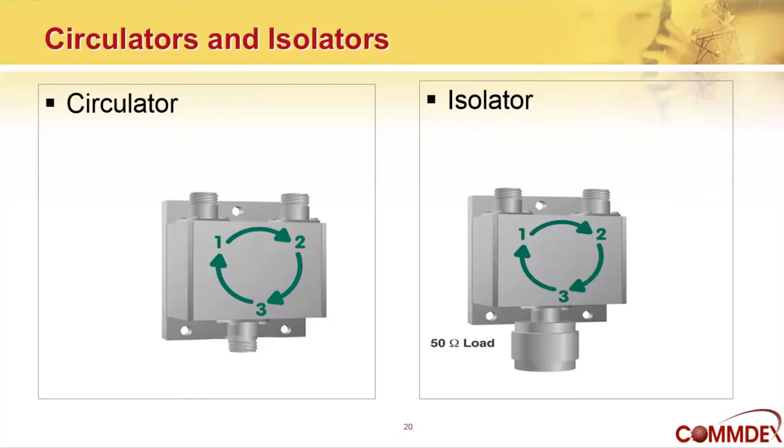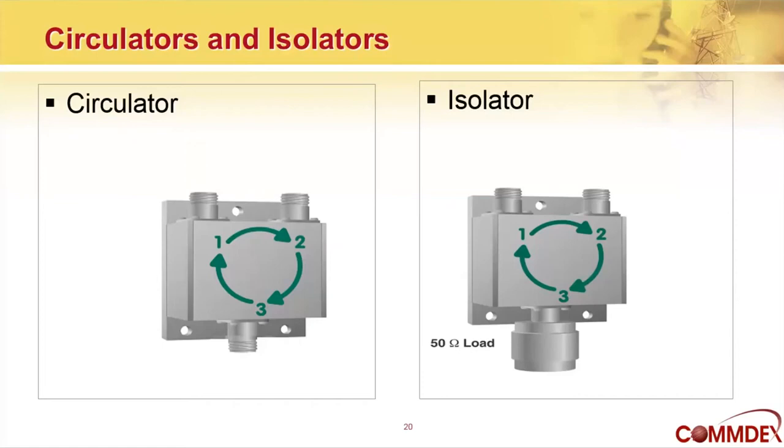If you drive these traffic circles, you know you're only supposed to go in one direction. If you go the wrong direction in a traffic circle, you will encounter a lot of resistance from the other cars coming at you. So you want to stay in the right direction. That's how a circulator works. If you put a signal into port 1, it wants to come out port 2.